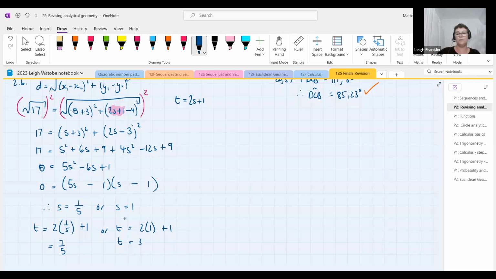So 2 different solutions for s and 2 different solutions for t. That's it, Mary Lynn, I got the same answer.